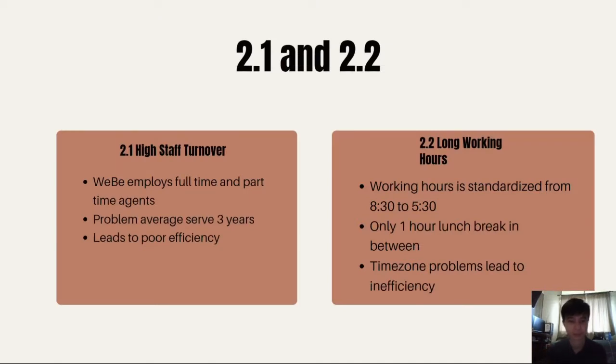Moving on, for high staff turnover, Weeby has employed about 240 full-time and part-time agents. The problem lies with the fact that the average agent has only served for 3 years. This can lead to poor efficiency and would cause complications towards the company's goal.